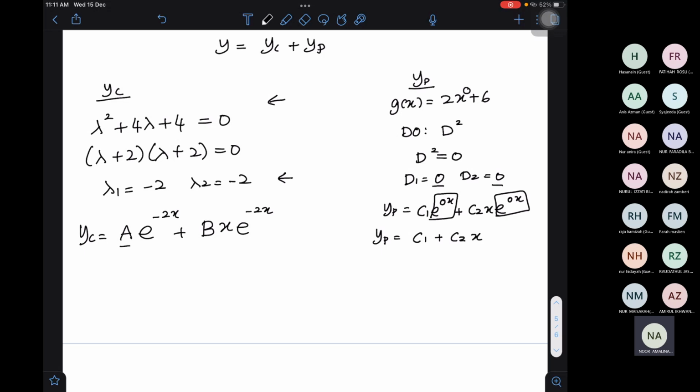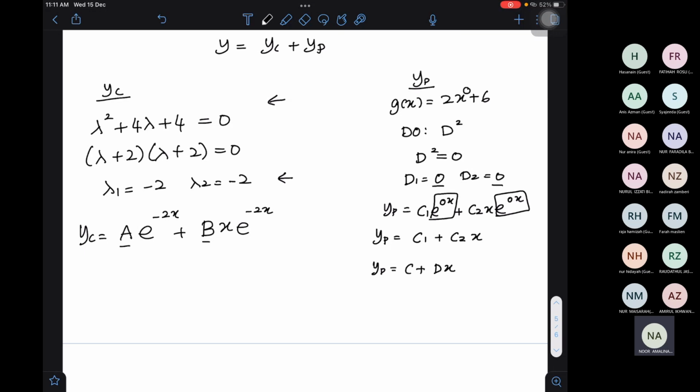Kat sini awak dah guna A, dah guna B, so awak boleh tukarlah. YP awak adalah C plus Dx, di mana C dan D tu adalah constant.